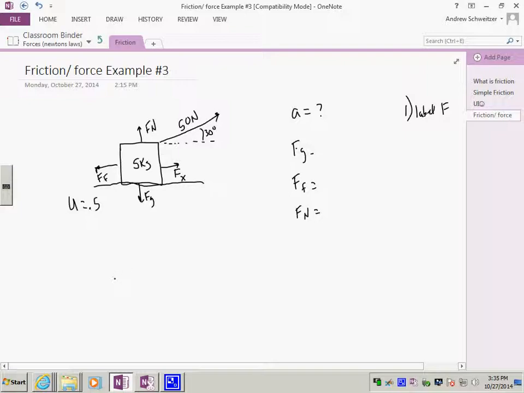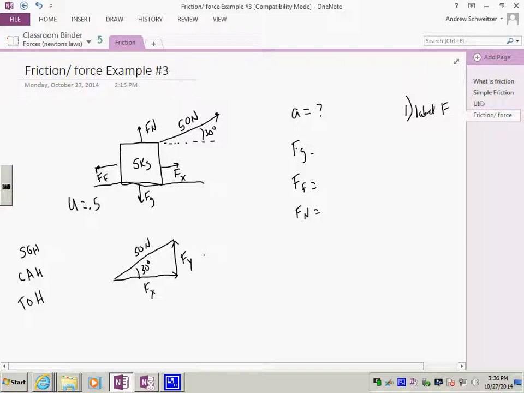So I'm going to take my little triangle here and let's break this into the components of the angle, 30 degrees. This is 50 newtons. I'm looking to break this into a force in the y direction and a force in the x direction. This is going to take a little bit of trigonometry, and of course the trig shortcut is SOHCAHTOA, which allows us to remember how the sines and cosines relate.